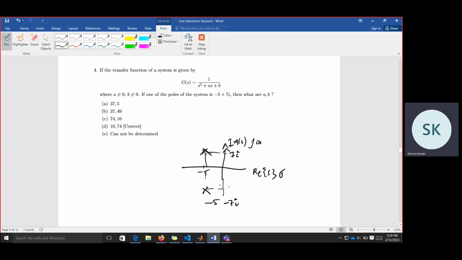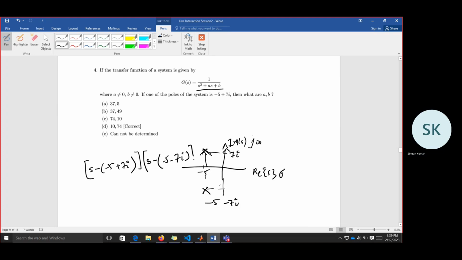So there are two roots that we know, and this is a quadratic equation, so it will have two roots only. So these are the roots of this equation. So (s minus (-5 plus 7i)) multiplied by (s minus (-5 minus 7i)). Now we have to multiply this.